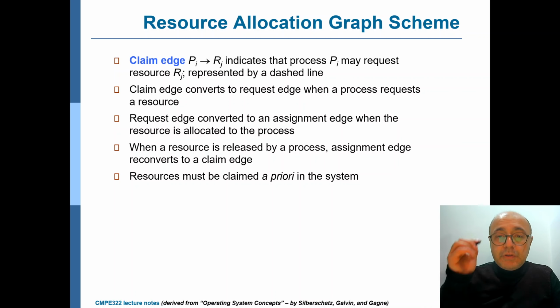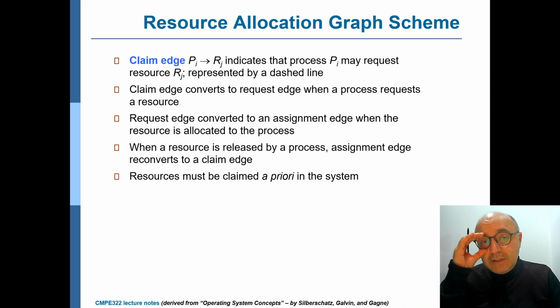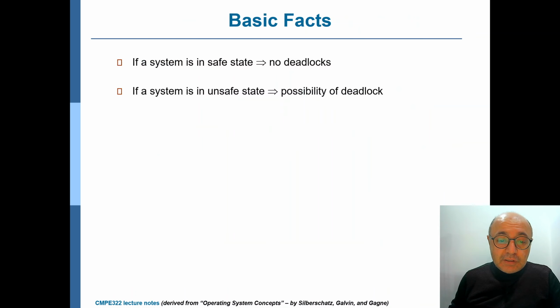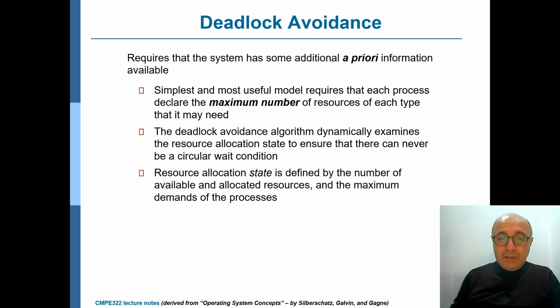Now at this point, you might ask, how do I know whether a process might request a resource or not? Actually, you should have asked this question back in here when I told you about the a priori information. How do I have that a priori information? Well, actually, the compiler can extract that information for you.